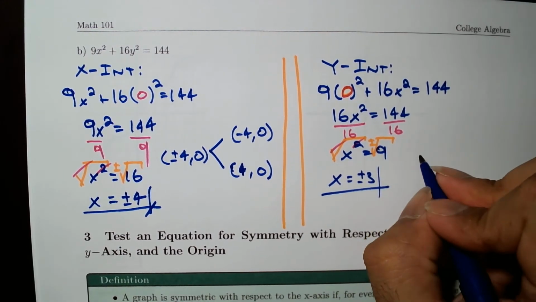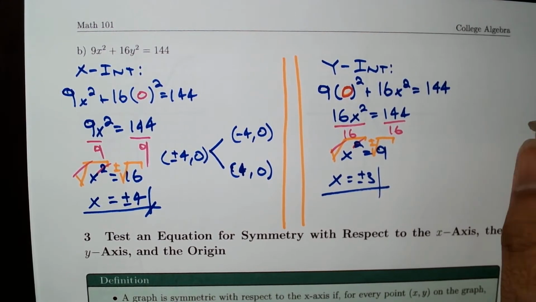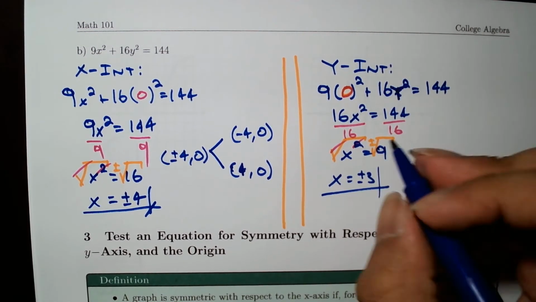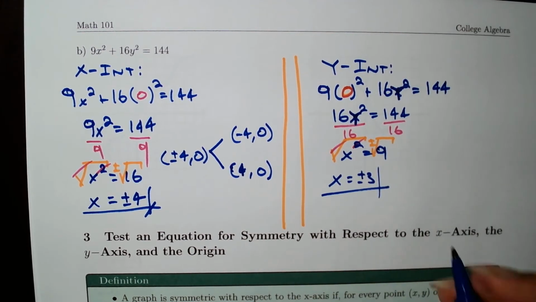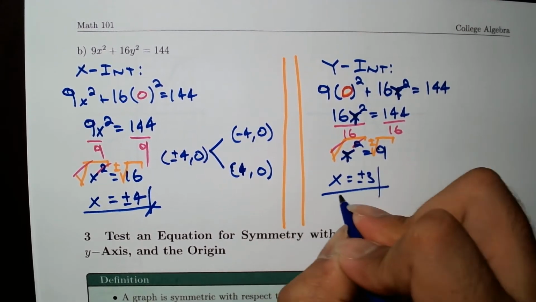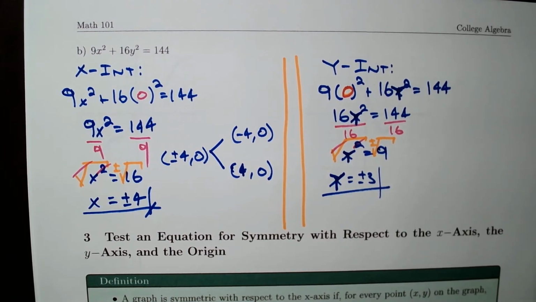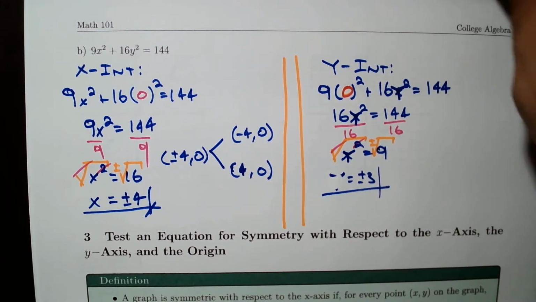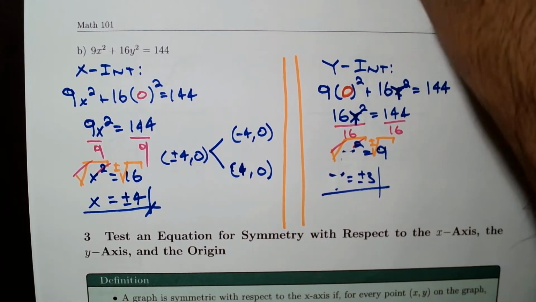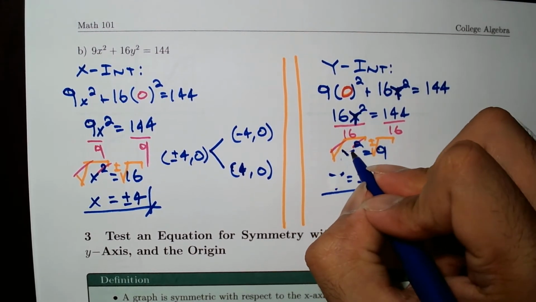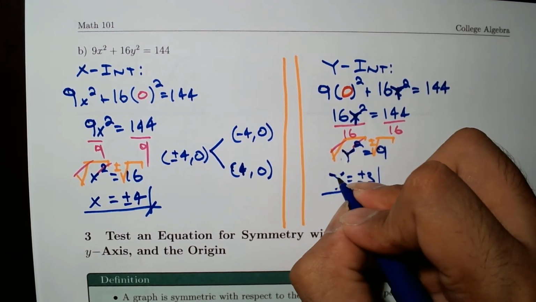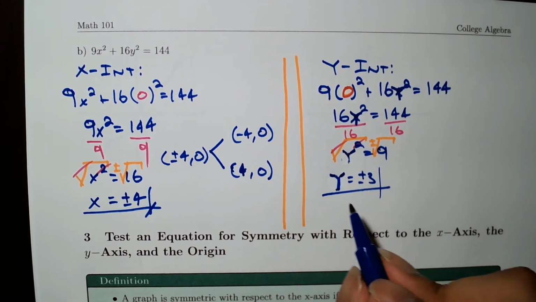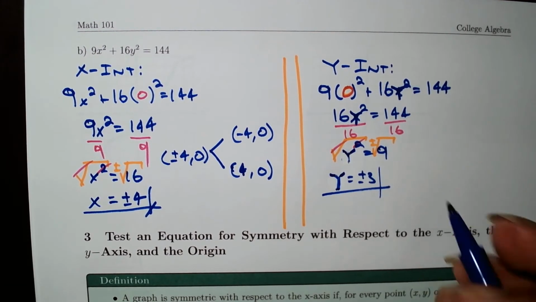By the way, I made a silly mistake here. This is supposed to be a y, not an x. Y and another y and y. Let me see if I can clean this up. It's y, not x, because it's our y-intercepts, not x-intercepts.